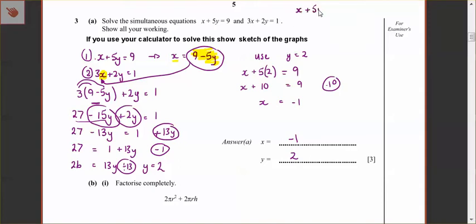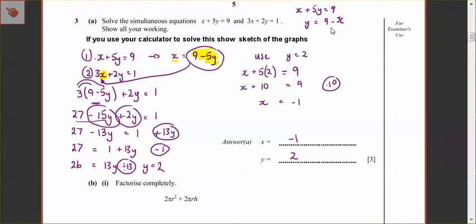So x plus 5y equals 9 rearranged becomes y equals 9 minus x, all divided by 5.